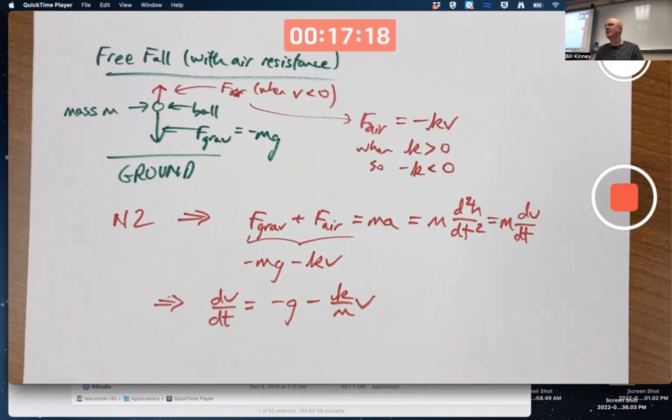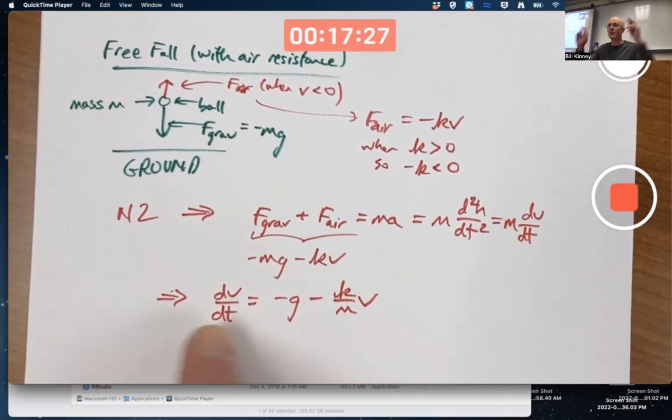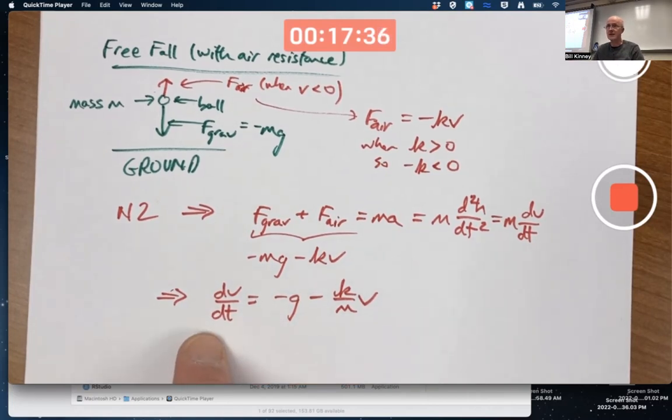You can do what's called separation of variables. You can effectively divide both sides by this thing and, quote unquote, pretend this is a fraction and, quote unquote, multiply both sides by dt and then integrate with respect to t on the right, at least, and integrate with respect to v on the left.